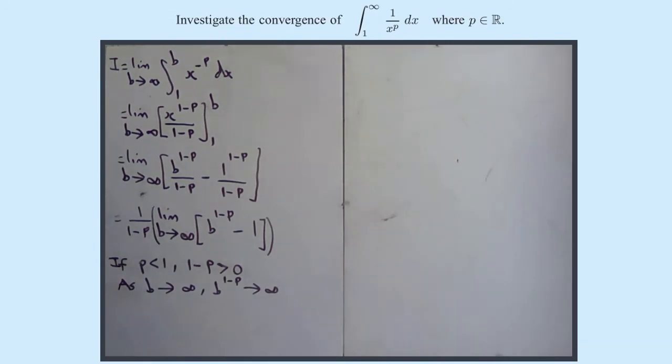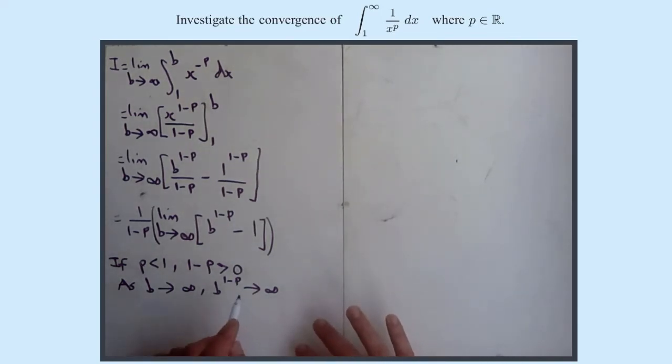So even if, say, p is somewhere between 0 and 1, say p was 0.9, even if we end up with b to the power of 0.1, because b is such a large number, it would still be approaching infinity. I hope that clears that bit up.